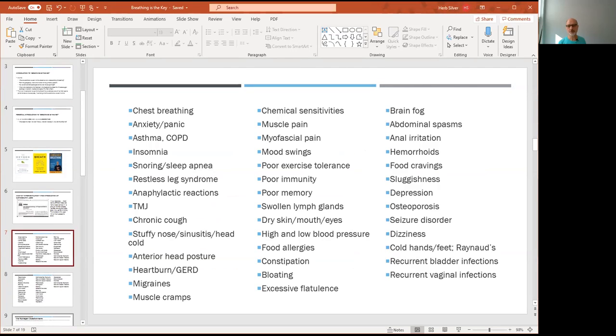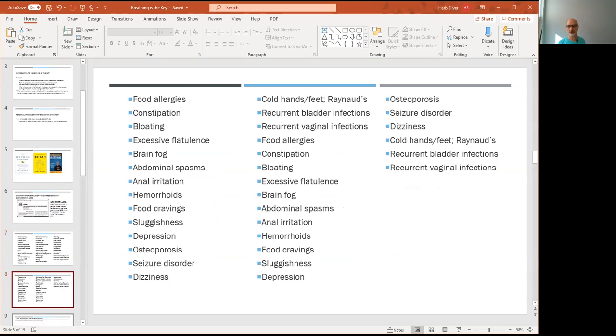So some of those symptoms, here's a list. You can just go through it. Everything you see in clinic that frustrates you is on this list. It goes on to a second page. I'm not going to go through this.